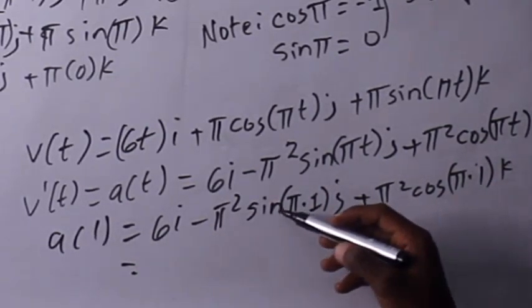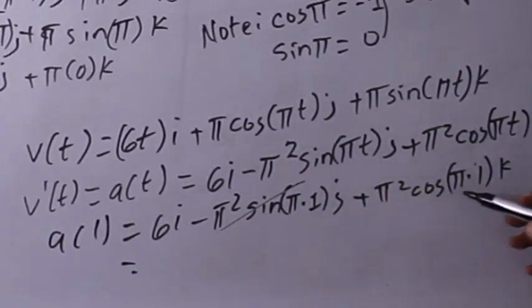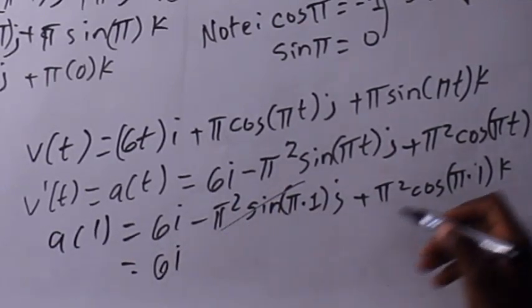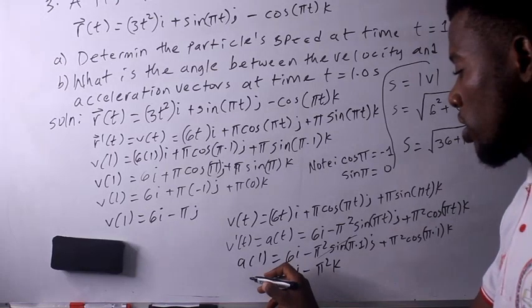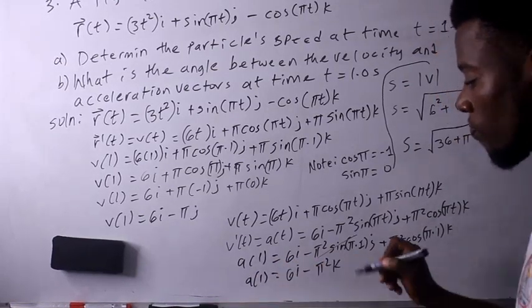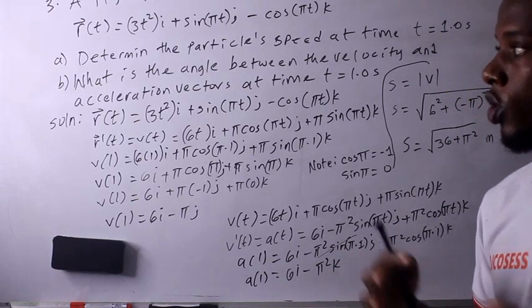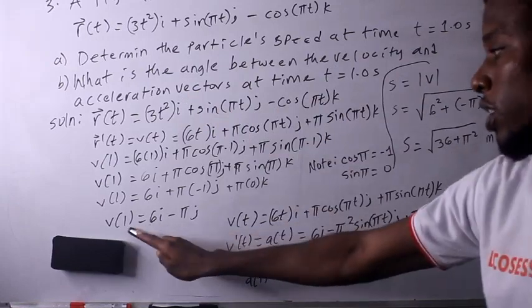We know that sine of pi is 0, so this goes to 0, and cos of pi is negative 1. So our result will be 6i minus pi squared k. This is the acceleration vector at time t equals 1. So we are going to find the angle between these two vectors.